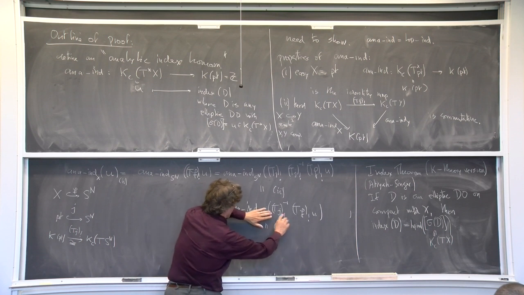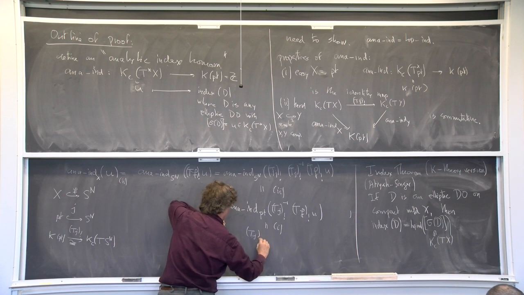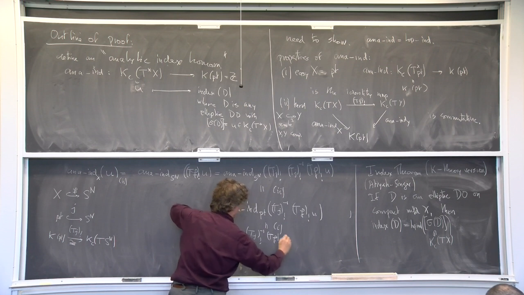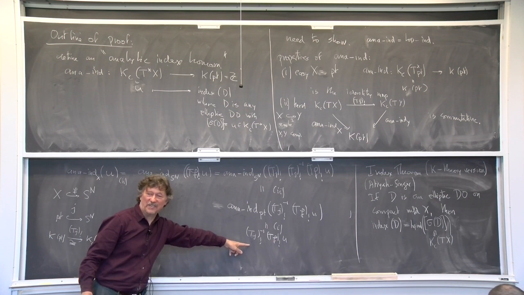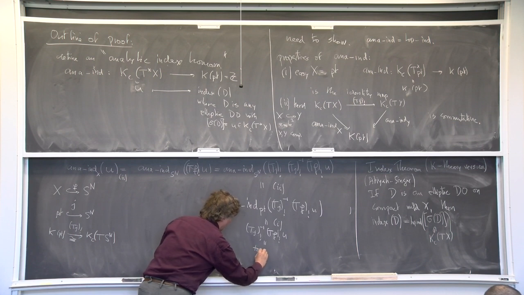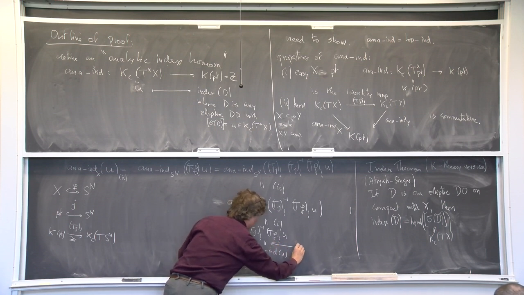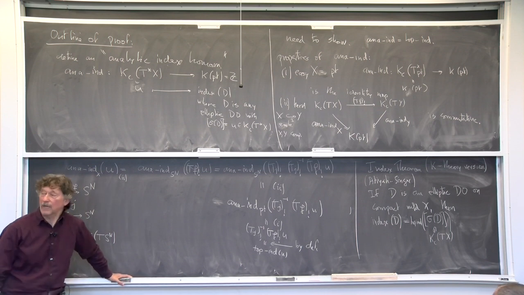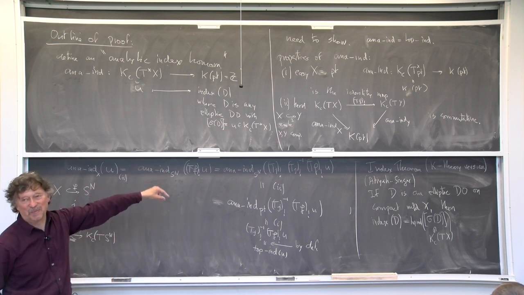So this is just Tj shriek inverse times Tf shriek applied to U. But that was our definition of the topological index applied to U, so by definition. Okay, so that proves the Atiyah-Singer index theorem, if you know this hard property there.